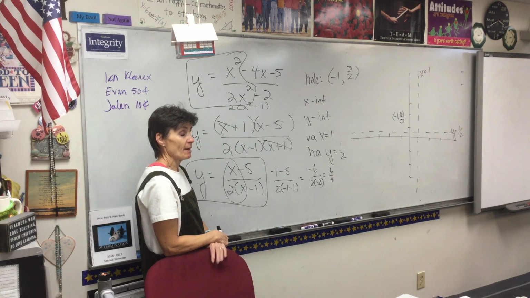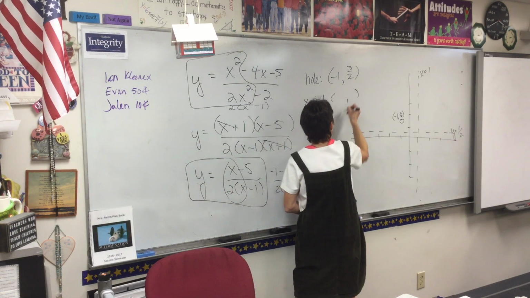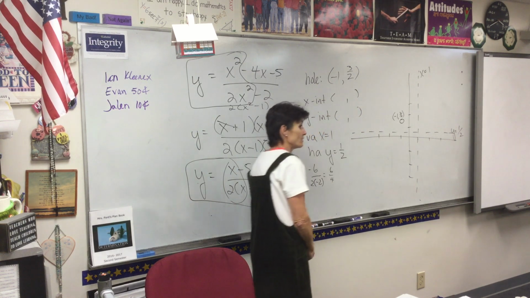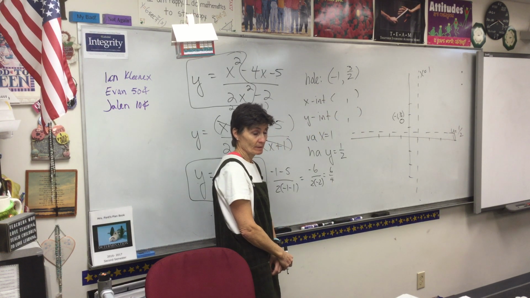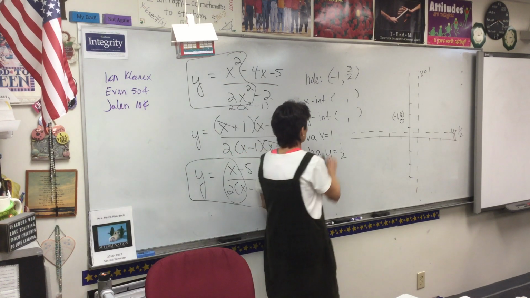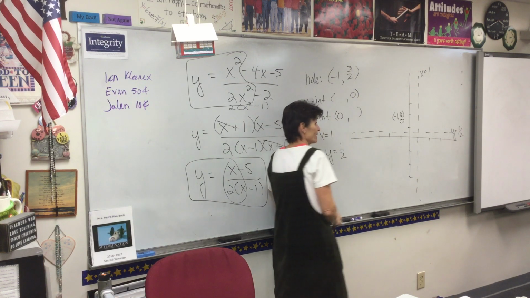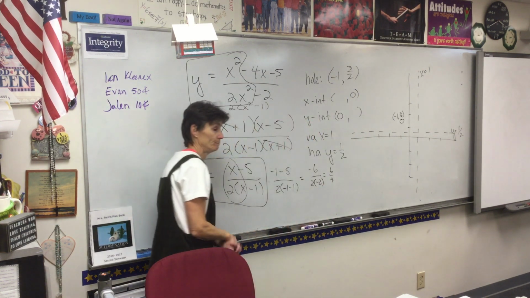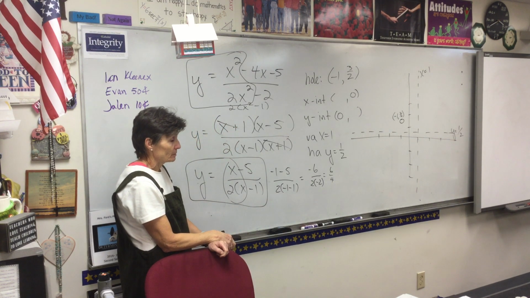Alright, now the intercepts are not equations. The intercepts are points. And intercepts always have one of their coordinates as 0. And it's the one that's not the intercept you're finding. So, x-intercept will have a y of 0. Y-intercept will have an x of 0. Right? So, here we go.